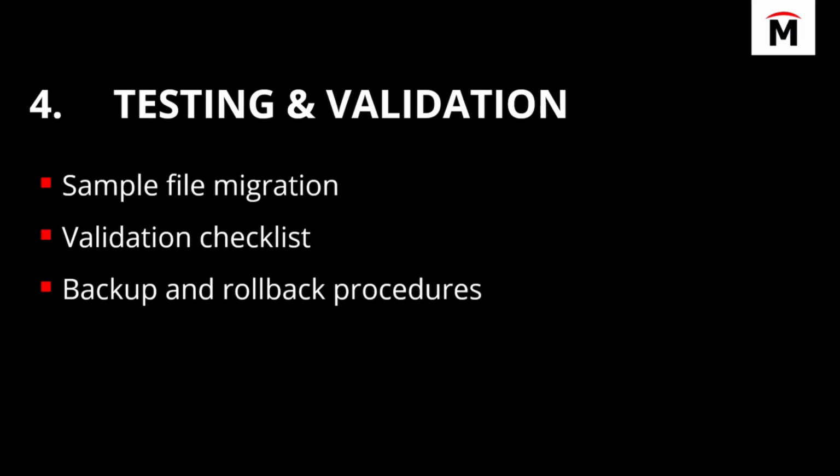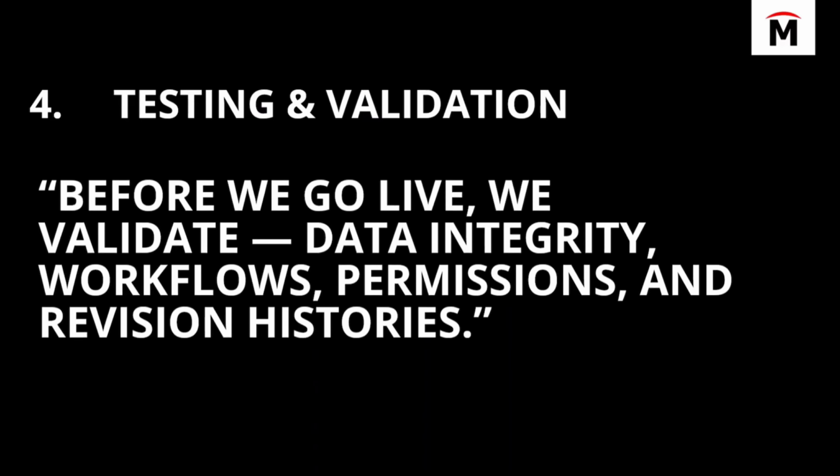This is key into your go live, because this is what's going to ensure that our permissions and our setup are truly functioning the way that you desire. Before we go live, we validate data integrity, workflows, permissions, and revision histories, and everything involved in the system.